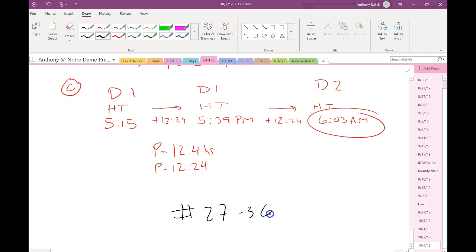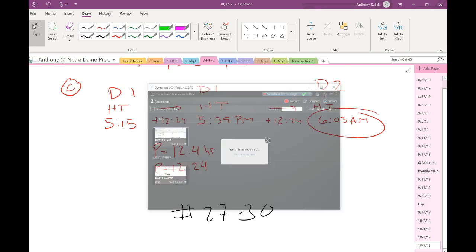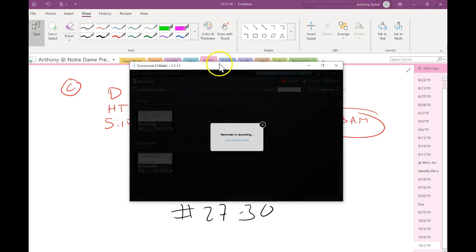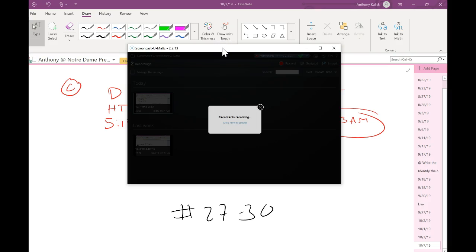For tomorrow, we don't meet tomorrow. For Wednesday, I'd like you to work on 27 to 30. I'd also like to point out that I've posted the review for Chapter 3 to PowerSchool, along with the key for the review, so you can start on that if you'd like.